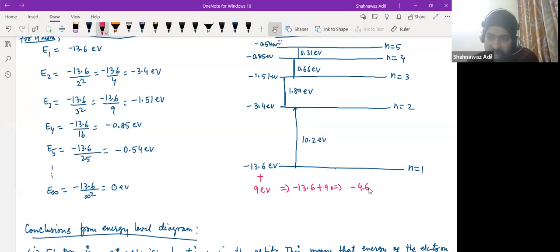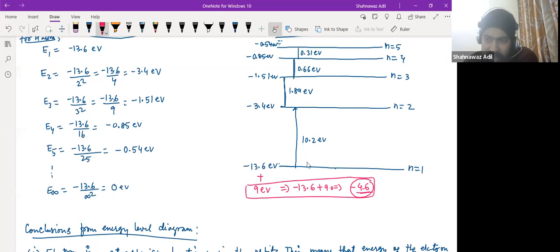So you can see that this energy is not there in any of these energy levels, which means that this electron is very choosy. It will not absorb this kind of energy.